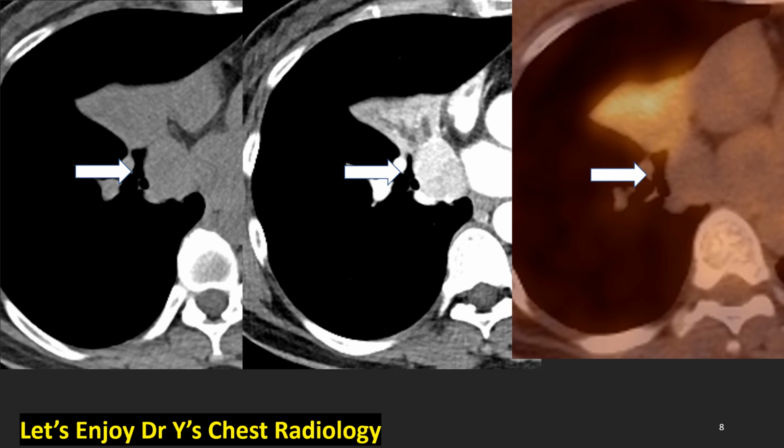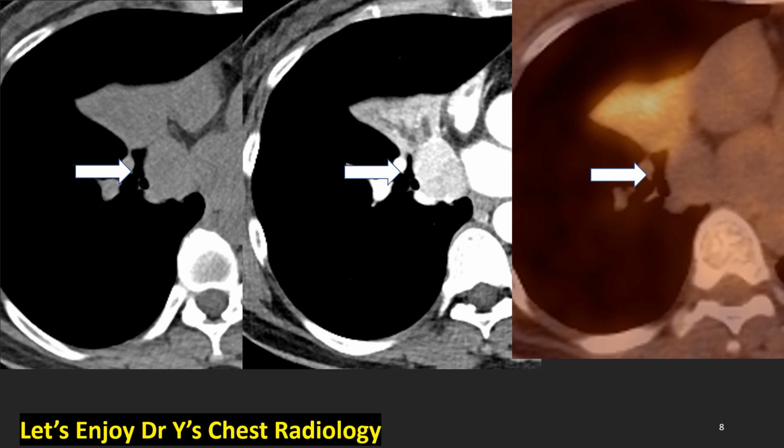We see the triangular collapsed right middle lobe on these three films, and the mass is 3 cm in size. On your left side is non-contrast CT. In the middle, it shows homogeneous, strong enhancement of the tumor.